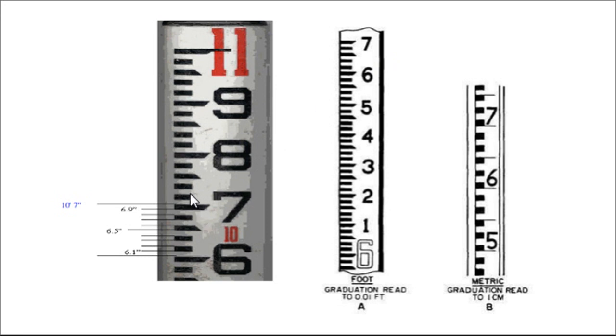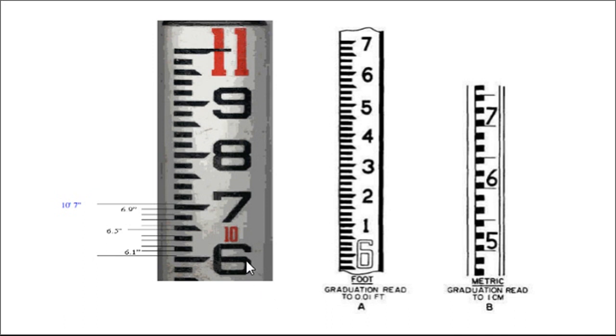See here: white strip, black strip, white strip, black, white. Whatever this distance is, it is 5 mm, or 0.005, or it may be 0.01 meter. So the least count may be 5 mm or 10 mm depending upon the length of that particular leveling staff or stadia rod.